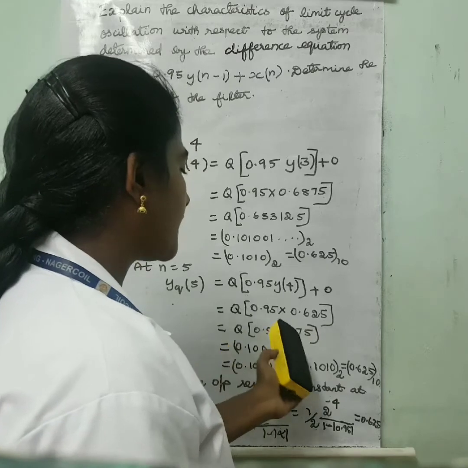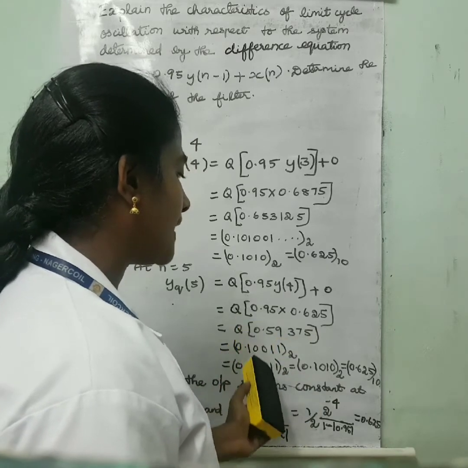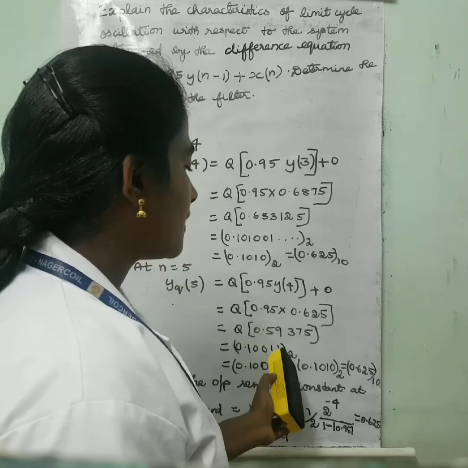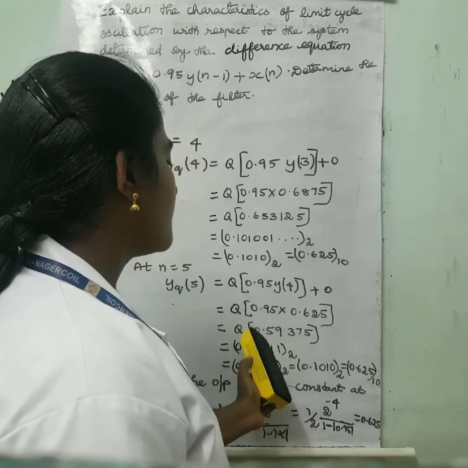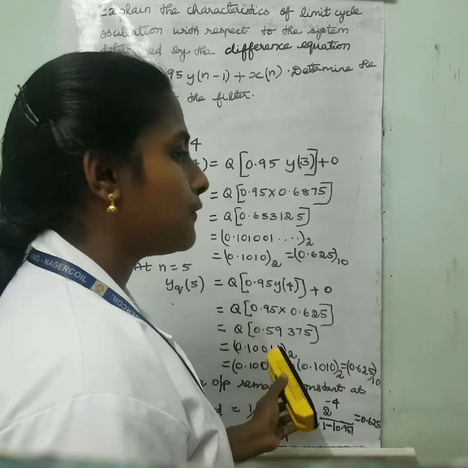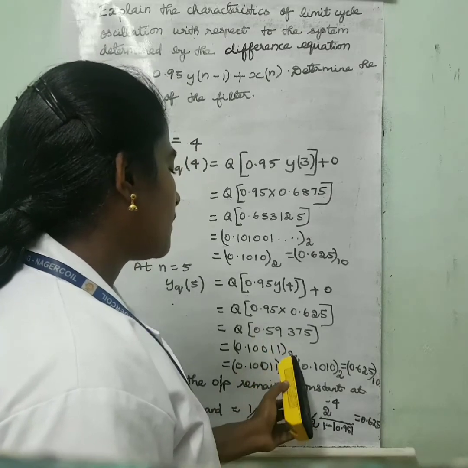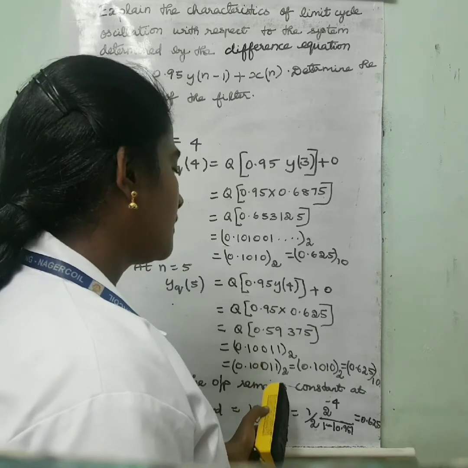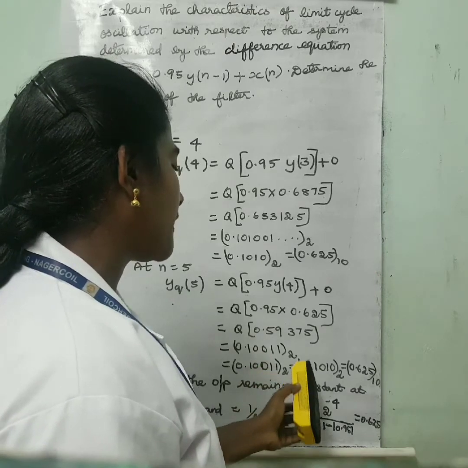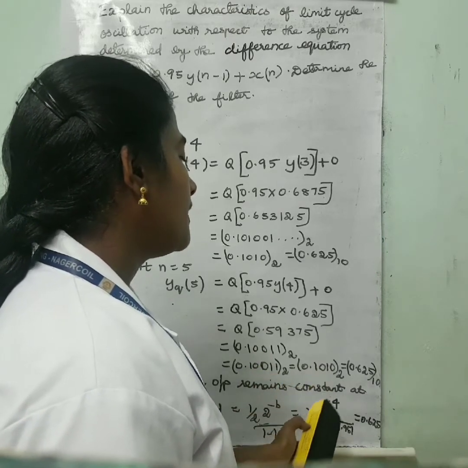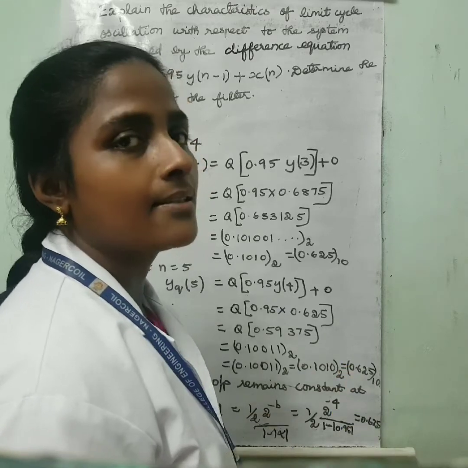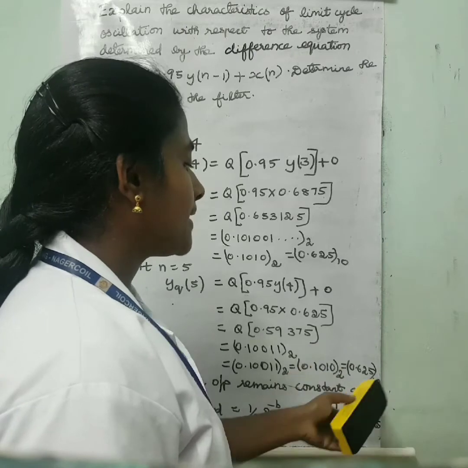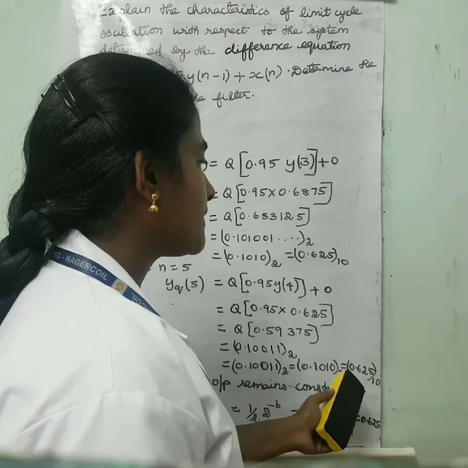So we have to quantize this value, so convert this value into binary. So you will get 0.10011. Only 4 bits should be taken. When you are rounding, you will get 0.1010, and this value is 0.625. When you are converting this binary into decimal, 0.625.